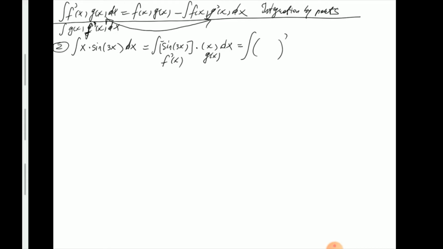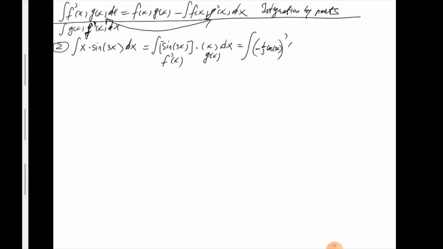But because it's just sine of 3x, just a constant times x, remember the reverse chain rule and the fact that the integral of sine of x is minus cosine of x. So therefore the integral of sine of 3x will be just minus 1/3 cosine of 3x. So it's minus cosine of 3x, but times 1/3 in front of it.